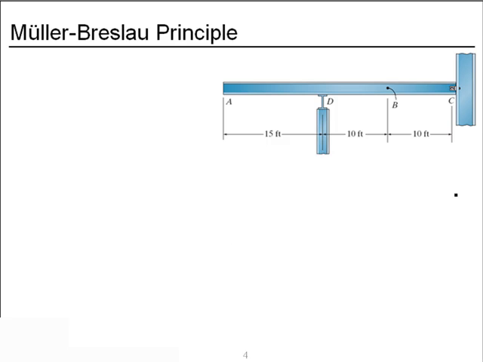So that means our influence line has the following shape. Now all we need to do is find the values that go on it. And that's our step 2.